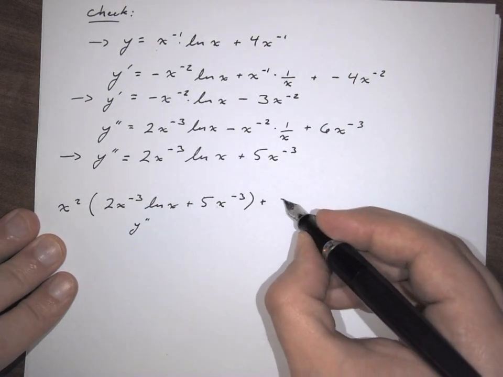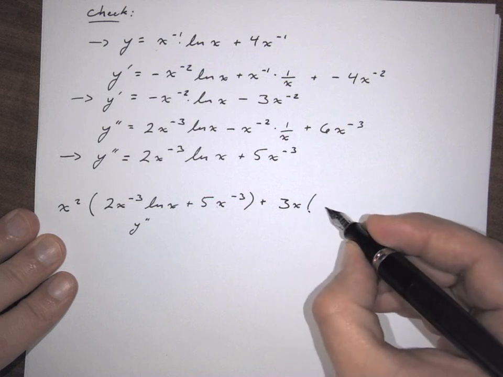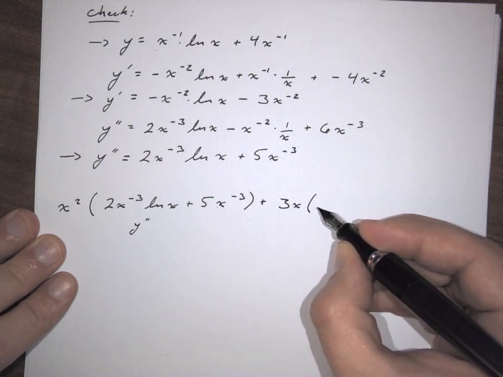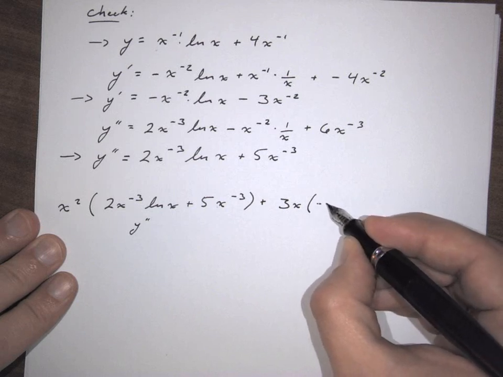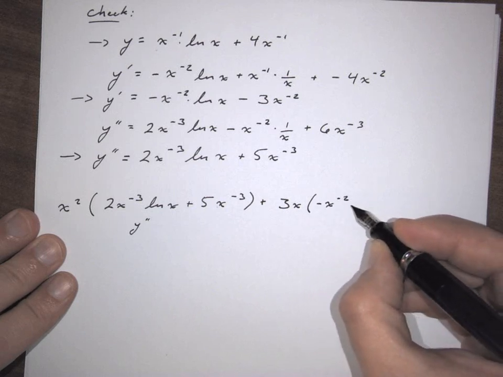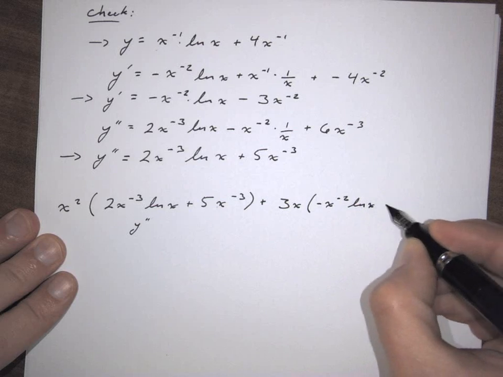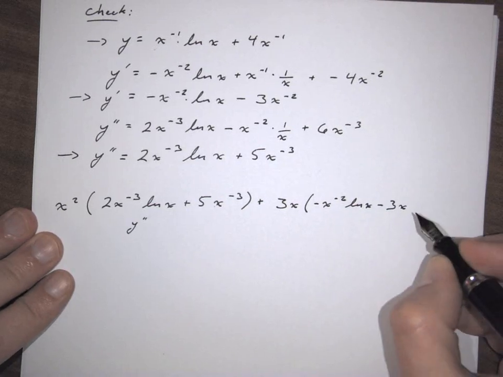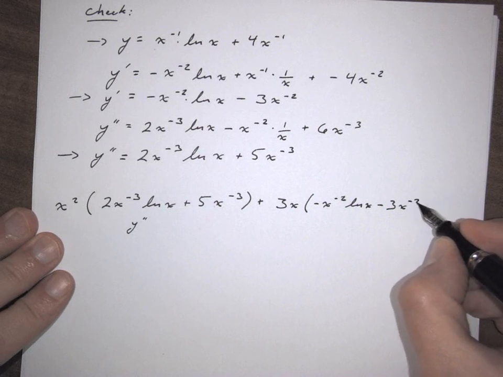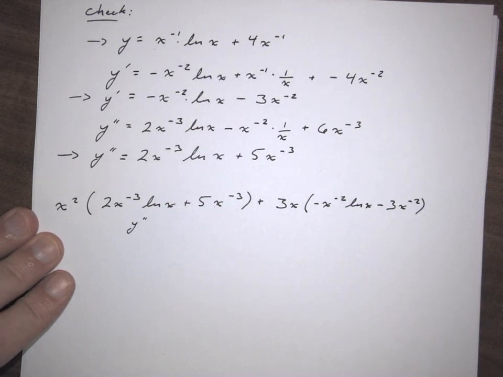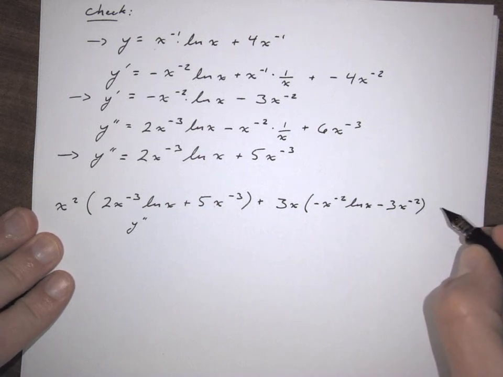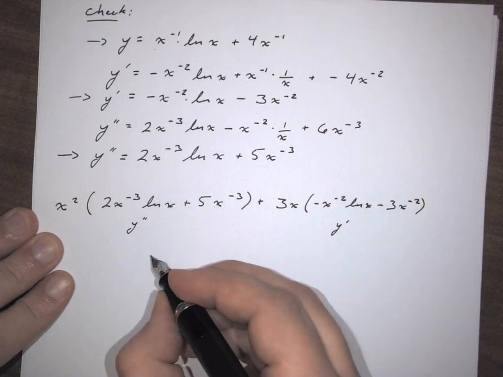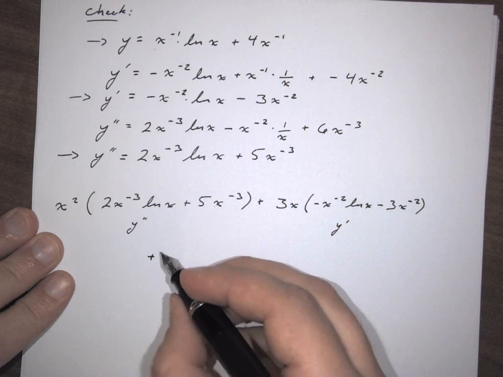plus 3x times, now it's going to be just y prime, so it's going to be negative x to the negative 2 ln x minus 3x to the negative 2, and then plus, that's just y prime, and then plus just regular y.